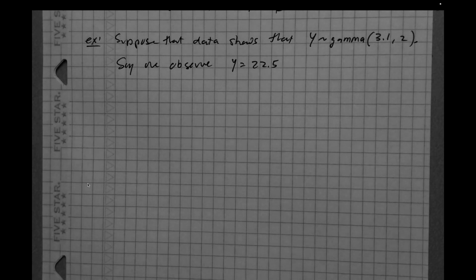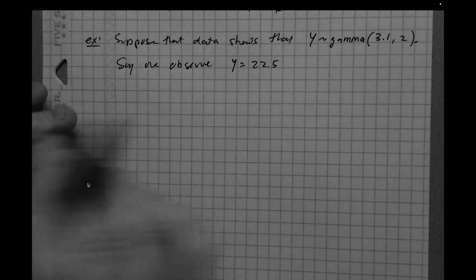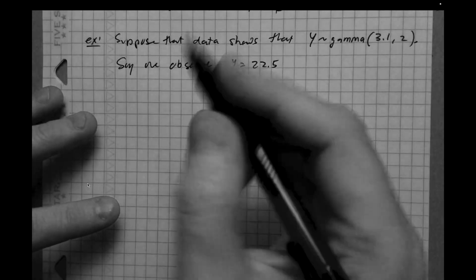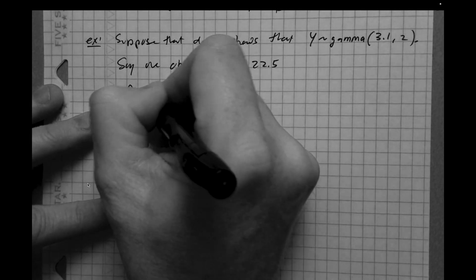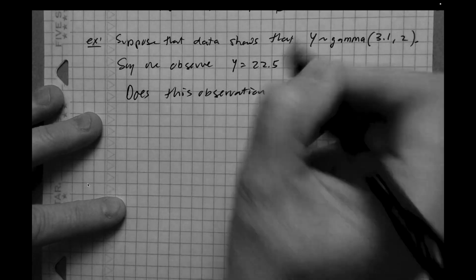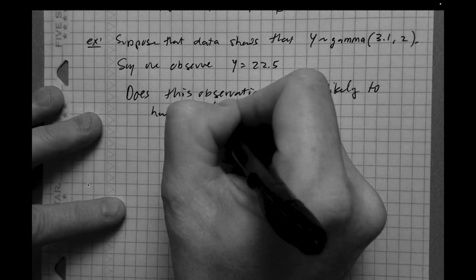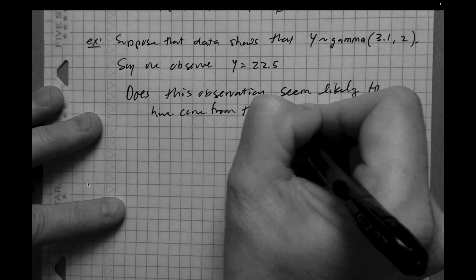Does this observation disagree with the data? Is there anything we can say about this observation of 22.5 relative to the other data we have? To say it succinctly, does this observation seem likely to have come from the same distribution?